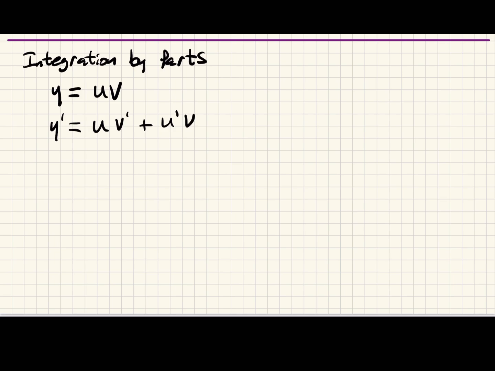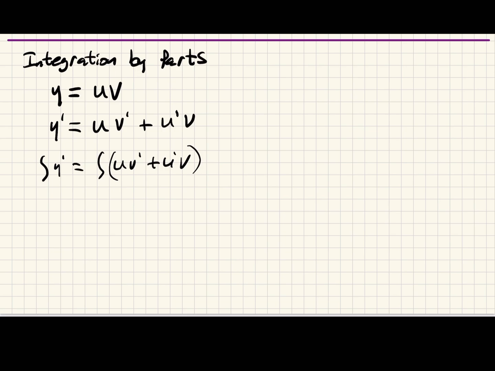Okay, we could do that. Now, I could integrate it back, couldn't I? Like I could go, okay, well, the integral of y prime would be the integral of u v prime plus u prime v. And on the right, I could make that two integrals.